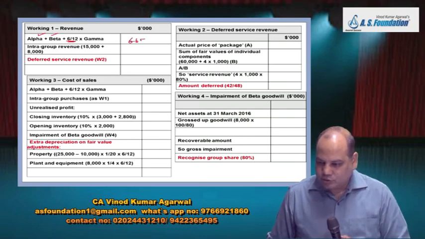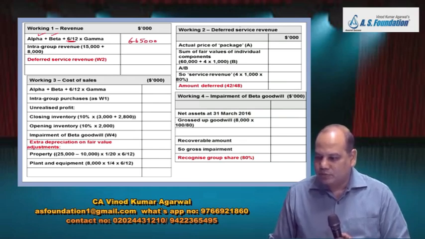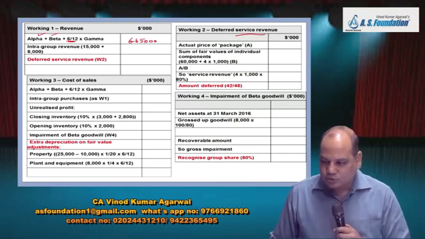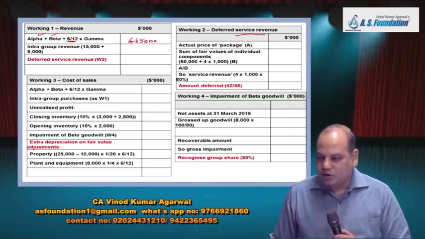6,65,000. Come to working note 2, where we have to write how much service revenue will be deferred. So this discussion we already had, so we can use it now. What is the actual price of that entire machine plus service package? So right here 51,200.